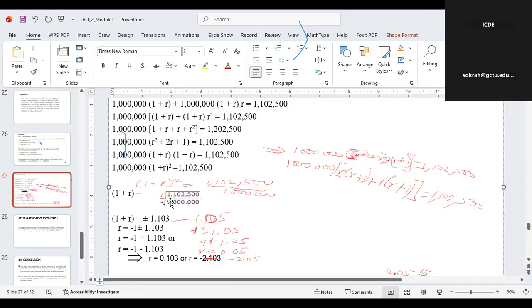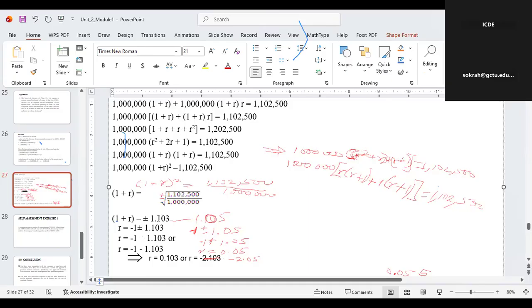So that's what you see here. So at this stage, you take your calculator and divide and take the square root. So first of all, you must divide 1,102,500 cedis by 1 million. Okay, so you divide. And then after that, you take the square root. Now, if you take the square root, this is the answer you get.